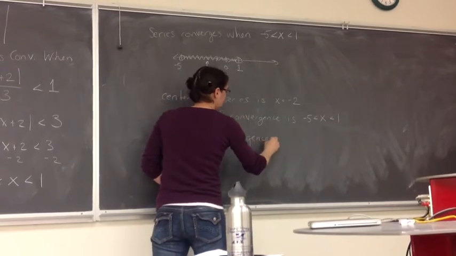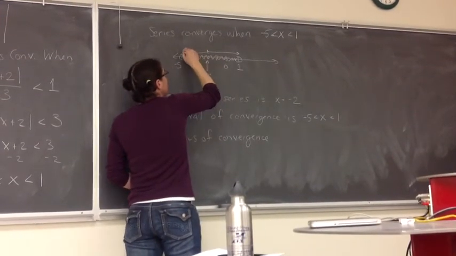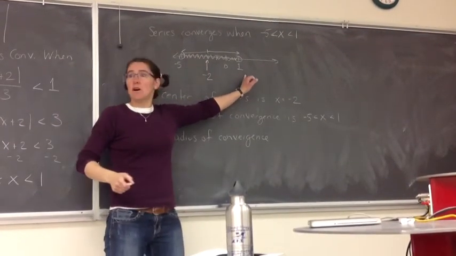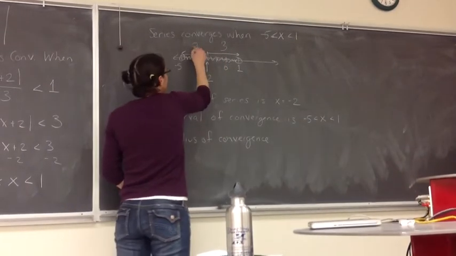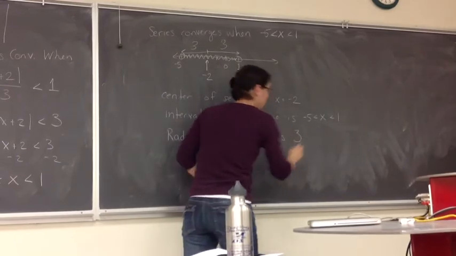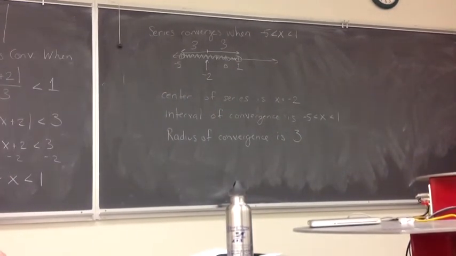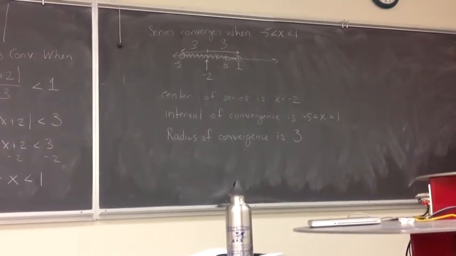And so our radius of convergence is the distance from the center out to the edge. So in this case, from negative 2 up to 1, we have a distance of 3, and from negative 2 down to negative 5, we have a distance of 3. And so our radius of convergence is 3. So those are 3 pieces of information that you might be interested in knowing about for this particular series.